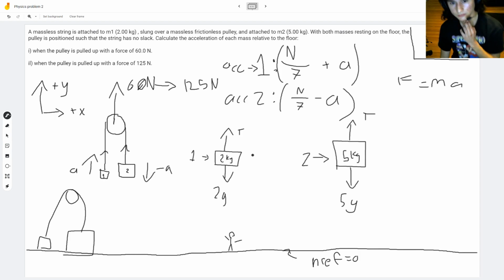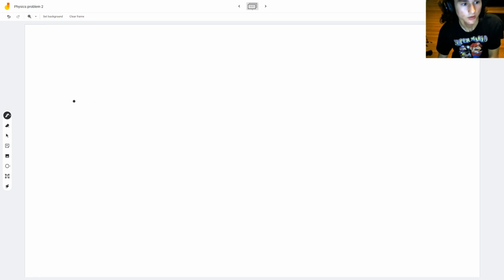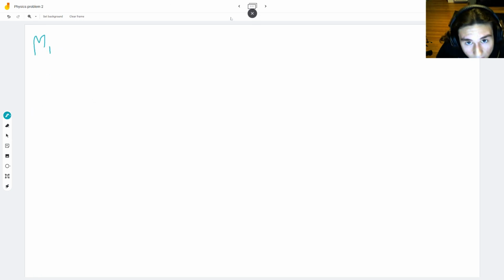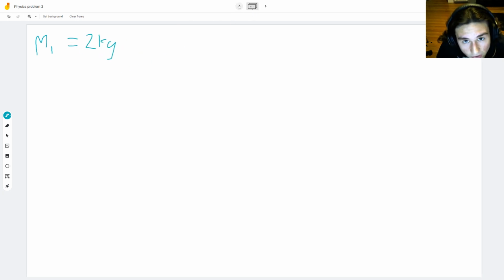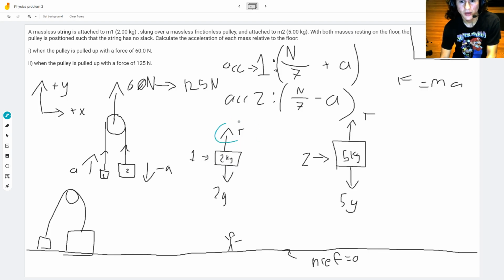So now that we have all these, we're going to set up two equations, taking into account the acceleration from the ground and the forces we just drew with our free body diagrams. I'm going to start with mass 1, which is equal to 2 kilograms. If we look at this, we have a tension force on top, and we have 2g on the bottom.